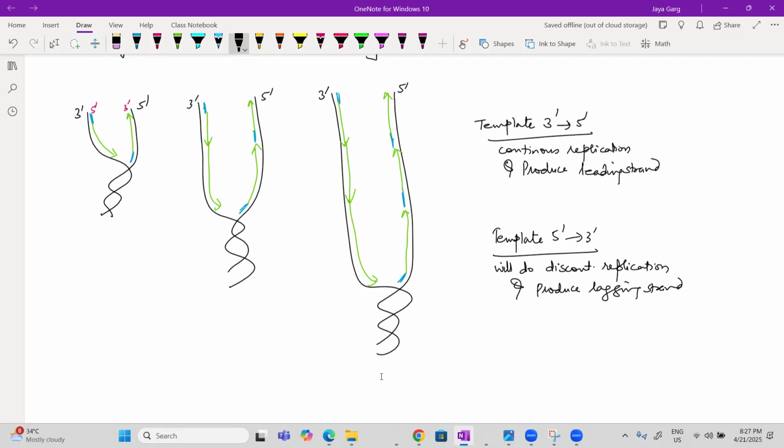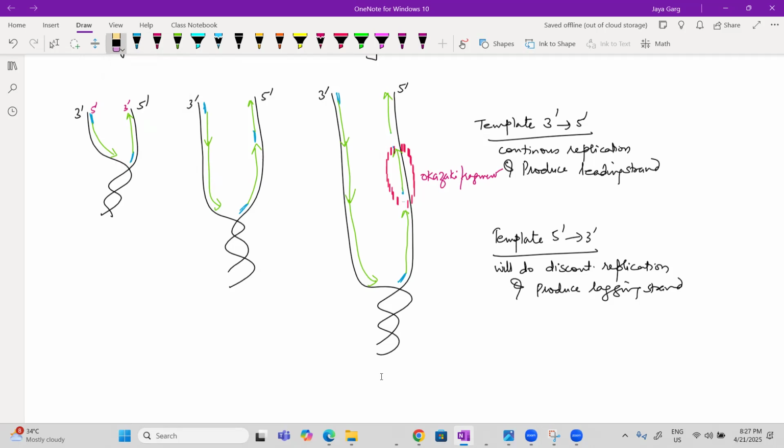And the pieces which they are making, this is one piece. What is this piece known as? This piece is known as Okazaki fragment. Later on, what will happen? Another enzyme will come to remove the primer.